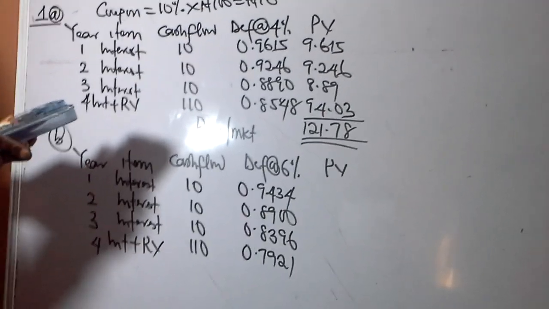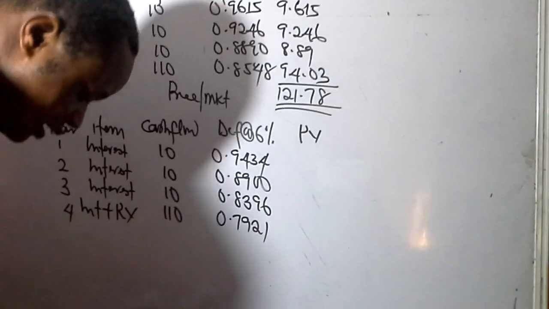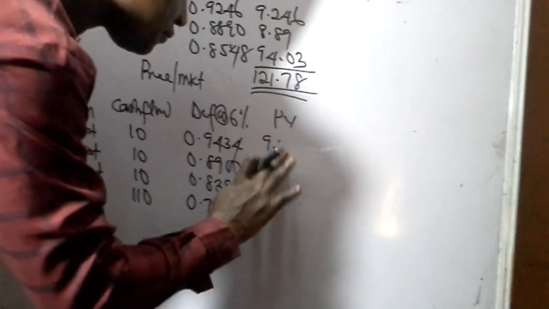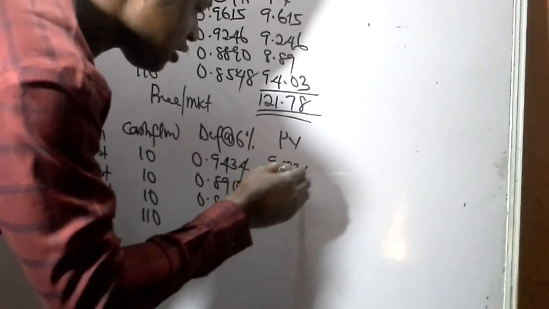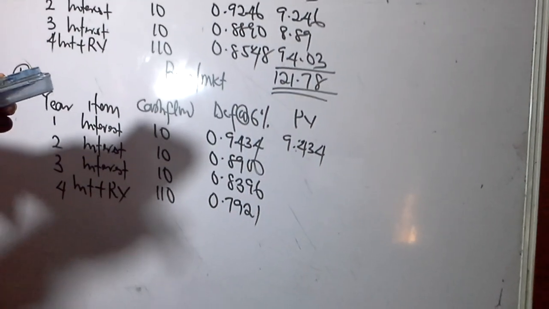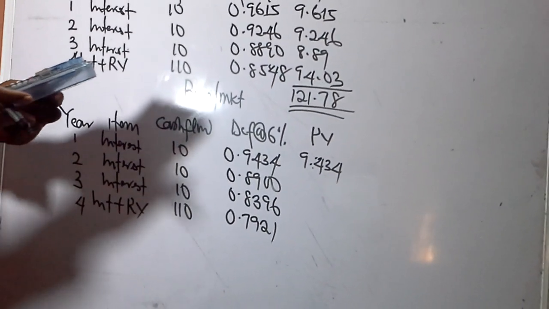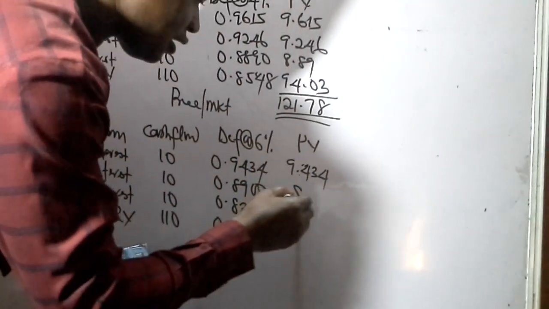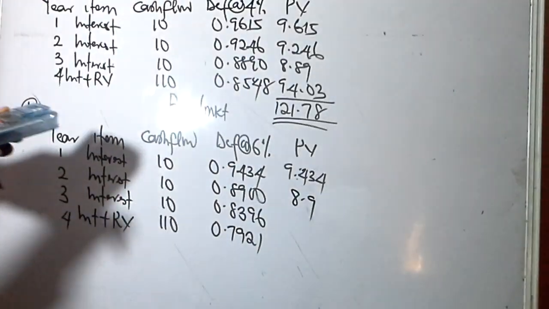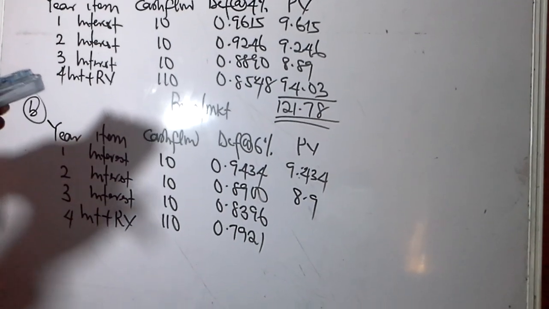0.9434 times 10 for year 1. Here you have 9.434 for year 2. 0.8900 times 10. You have here 8.9 for year 3. 0.8396 times 10 again.